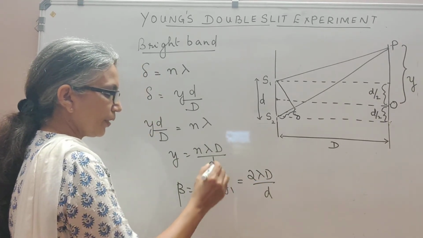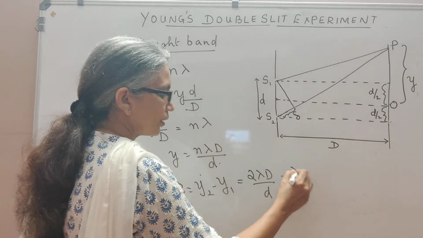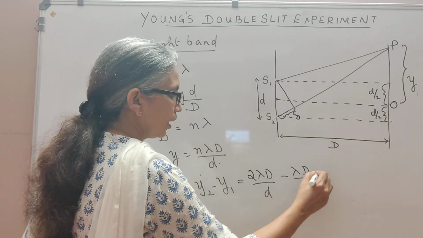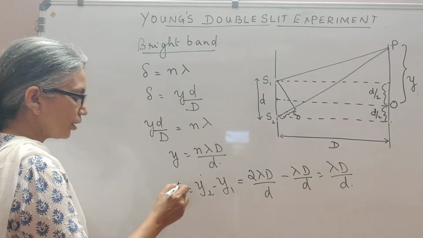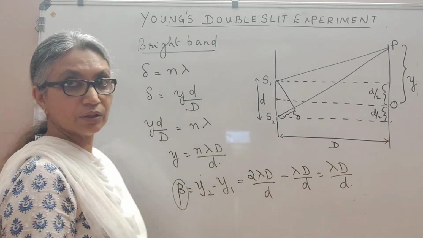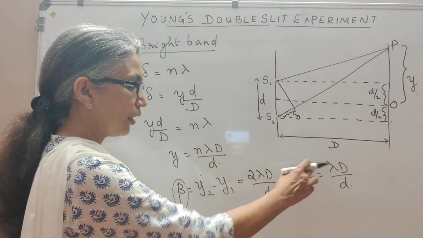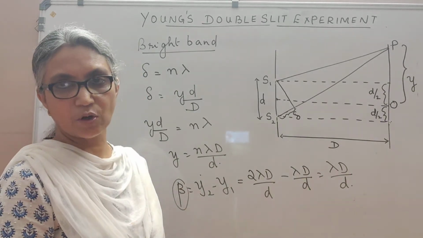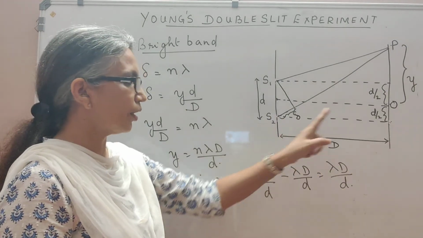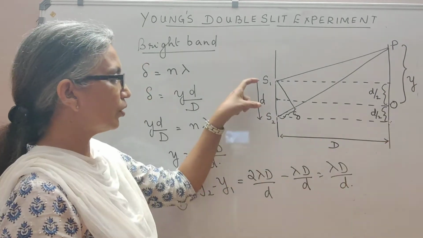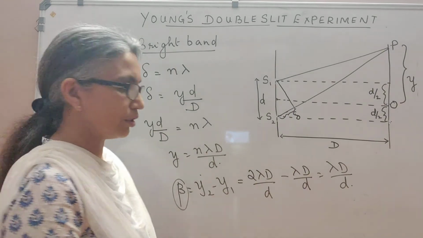For the first bright band, it will be 1 here, minus lambda D by small d, and I get lambda D by d. So you see the fringe width of a bright band is lambda capital D by small d. Lambda being the wavelength of light, capital D the distance from the double slit to the screen, and small d is the distance between the two coherent sources.